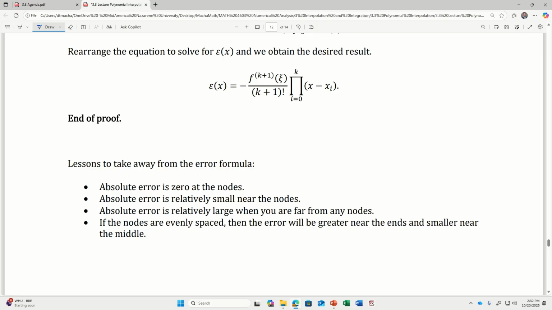If these nodes happen to be evenly spaced, and this is the hardest one to wrap your head around, what if I've got evenly spaced nodes? I'm trying to make these as even as possible. This point would have a relatively small error when compared to this point.